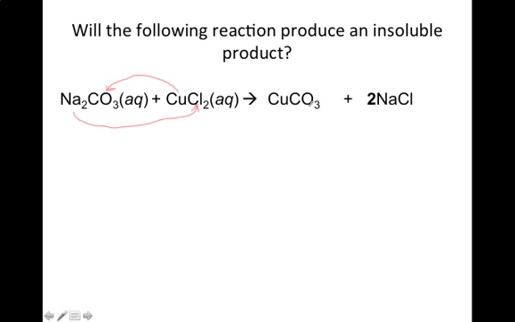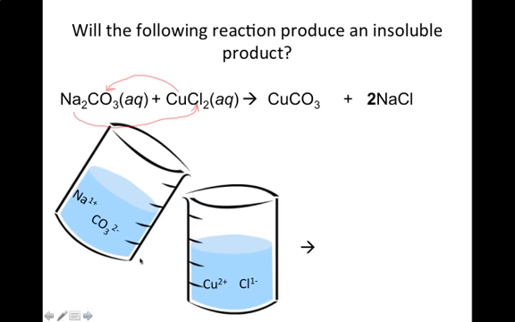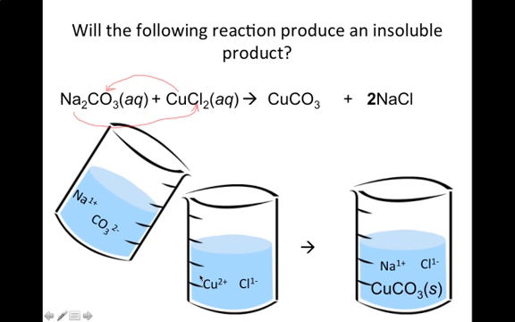So here we have copper carbonate and sodium chloride. Sodium carbonate is aqueous and copper chloride is aqueous. When we mix them together, we do form this copper carbonate, which is a solid based on our solubility rules.